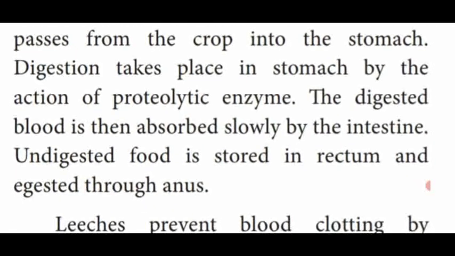Then after that, the digested blood is absorbed slowly by the intestine. The undigested food material is stored in the rectum region, and finally it is egested, that means removed through the anus.